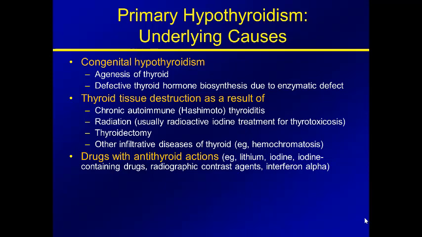Radiation, usually radioactive iodine treatment for thyrotoxicosis, sometimes removal by surgery, thyroidectomy, and other infiltrative diseases of the thyroid like hemochromatosis. Some drugs can lead to destruction of the thyroid gland, like lithium, which is a constituent of some antipsychotic treatment, iodine and iodine-containing drugs, radiographic contrast agents, and interferon alpha. So here, the etiology may be congenital or thyroid destruction.